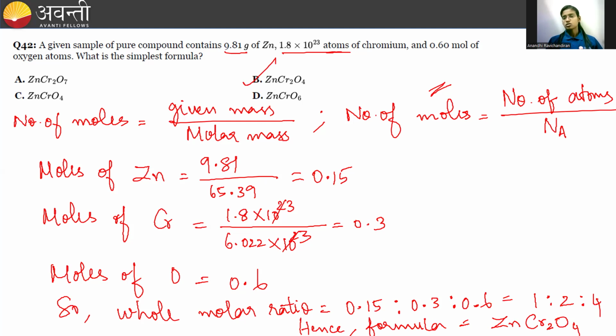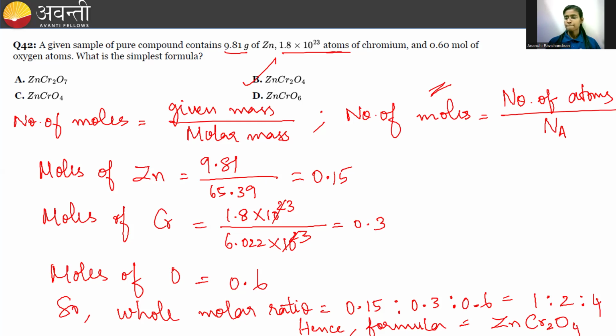Got it? So find out the number of moles of the 3 elements, equate them, and get the simplest formula. Clear? Only 2 things are required: we have to just memorize the 2 formulas to find the number of moles. If you memorize those, just by applying the formula, you can get the answer.